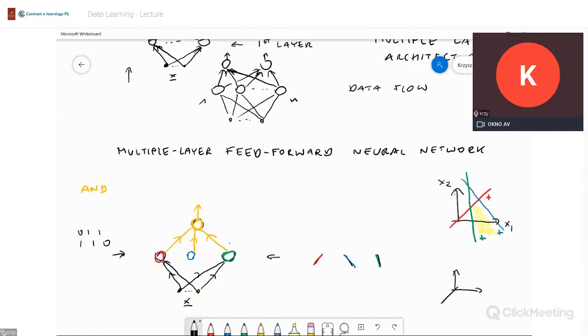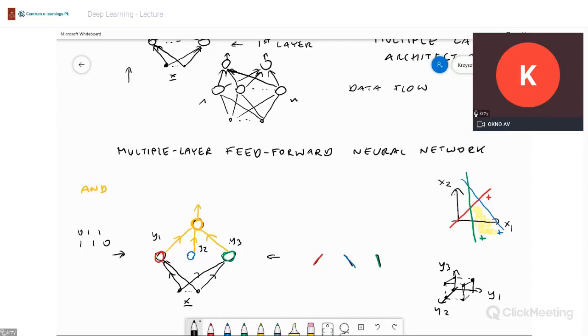I have now a three-dimensional space, y1, y2, and y3, where, for example, this is y1, this is y2, and this is y3. And I have a binary problem, and this binary problem can be depicted as a cube, and every input can be viewed as a vertex of this cube.